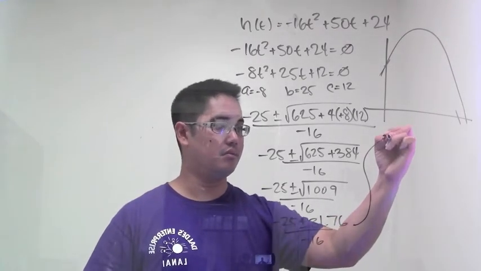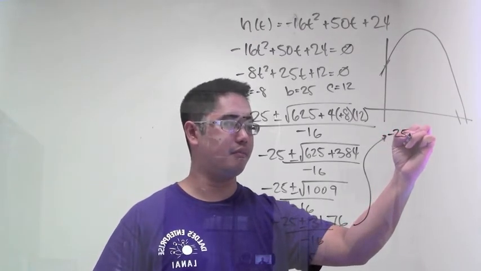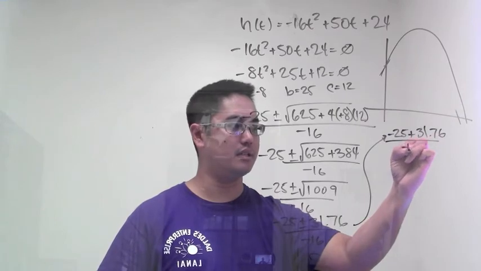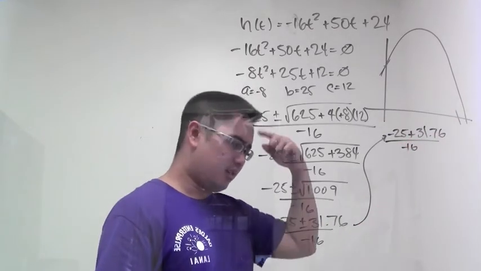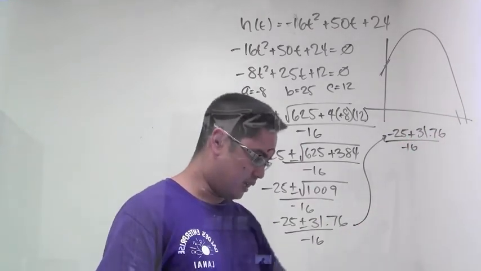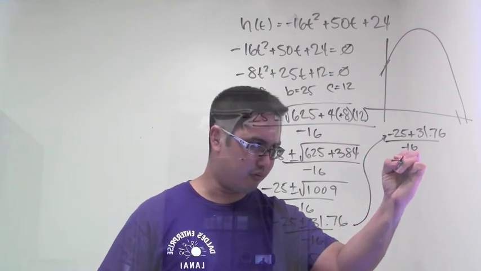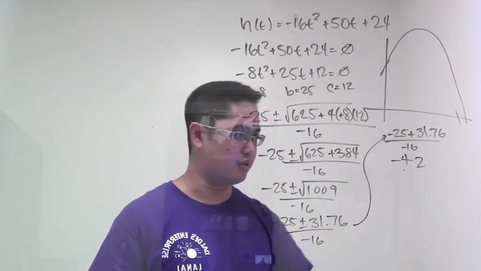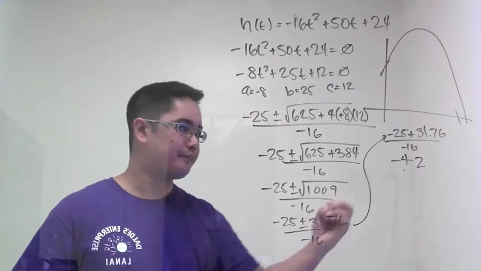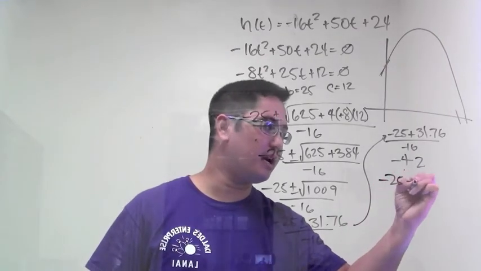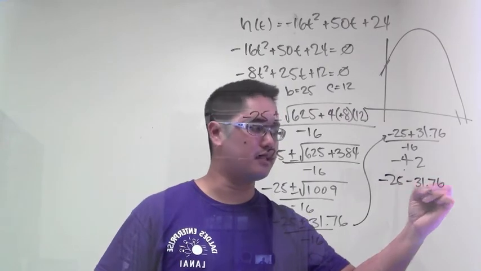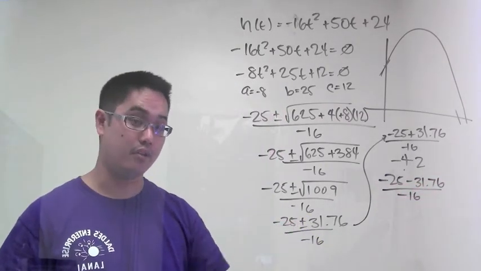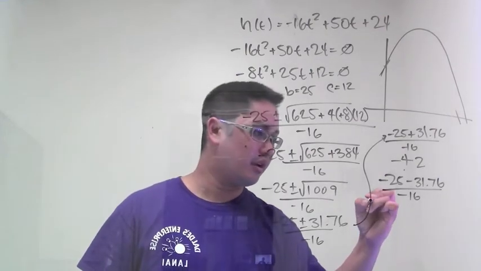All right, so negative 25 plus 31.76 divided by negative 16. If you calculate that out in your head, you end up getting negative 0.4225, which I'm just going to round to negative 0.42. Negative 25 minus 31.76, because there's 2 answers. You take care of the positive, now we take care of the negative.